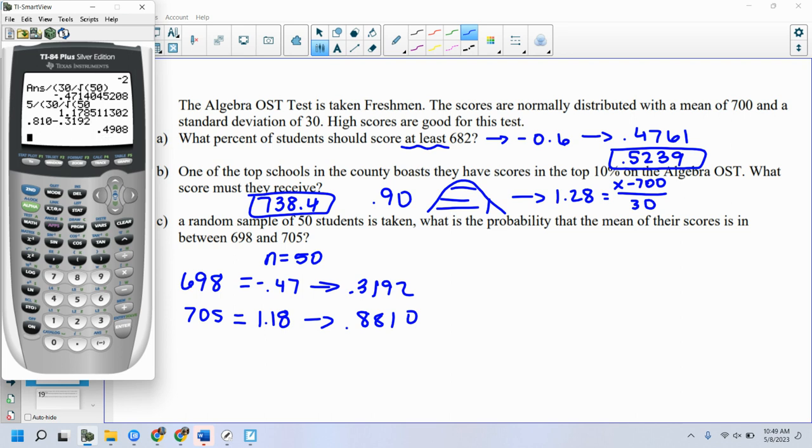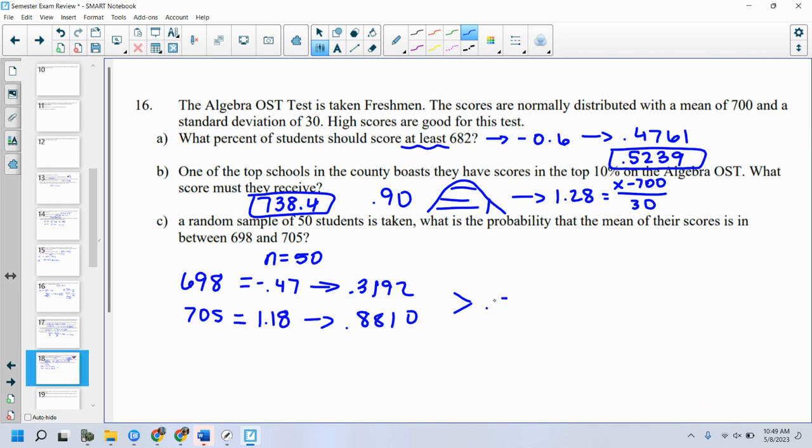Oh, hold on. 0.8810 minus 0.3192 is 0.5618. So we have a 56% probability that their mean score falls in between 698 and 705. I choose 50 people. The bigger the sample I choose, the more it should tend to go toward my actual mean.